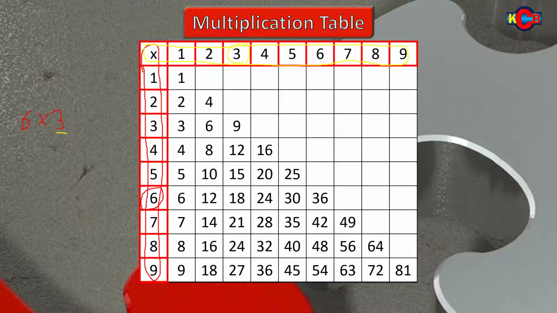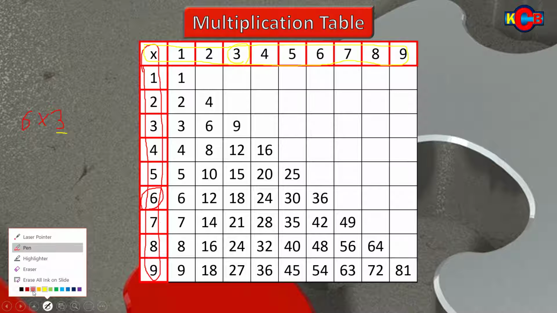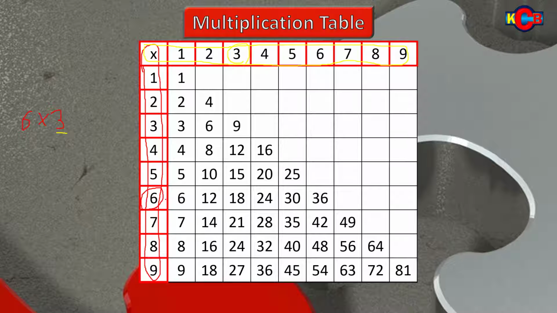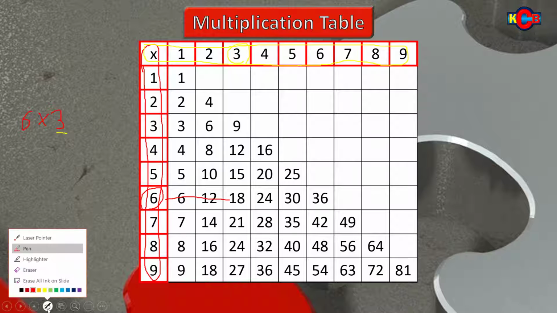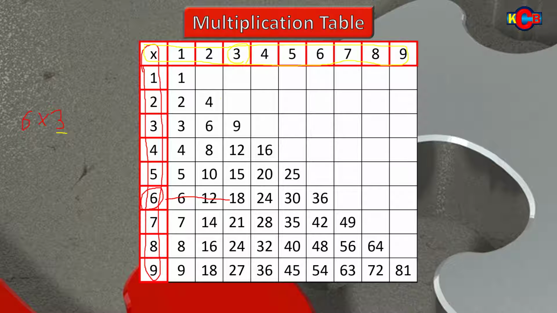Based on numbers 6 and 3, follow the horizontal and vertical lines. From 6, we are going to draw a horizontal line, and from 3, we are going to draw a vertical line like this, until those two lines meet.